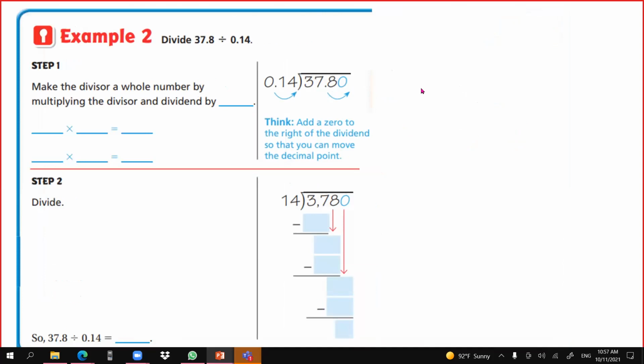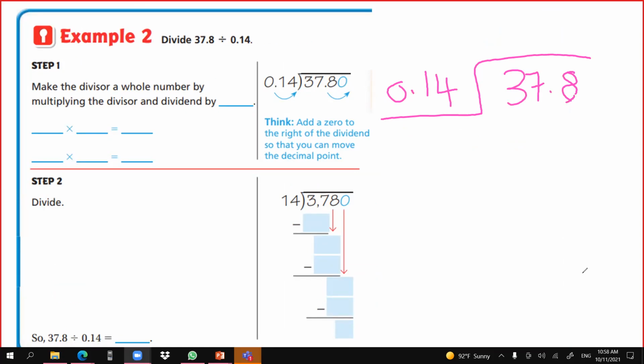Now, all of you here, focus with me. Here, what do we have? We have 37.8 divided by 0.14. When you want to divide by a decimal, as I told you before, you need to move the decimal point 2 digits, in order to get it out of the number.